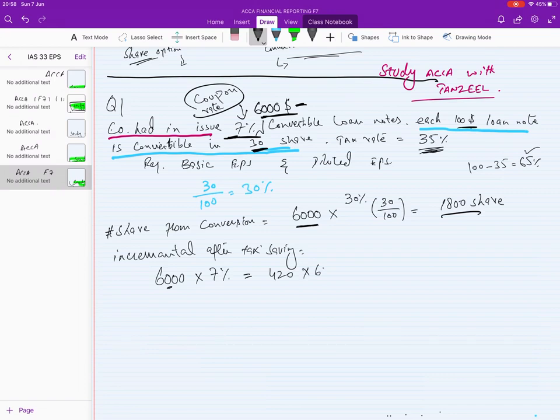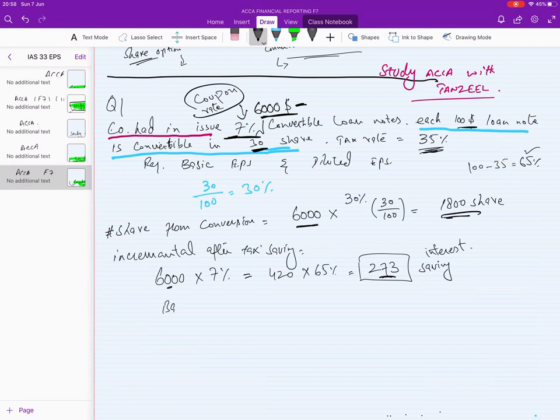If you take 65 percent of 420, it will give you 273. This is your tax saving, your interest saving. It means this amount you saved by paying off your loan. So these are the number of shares and this is the interest saving.